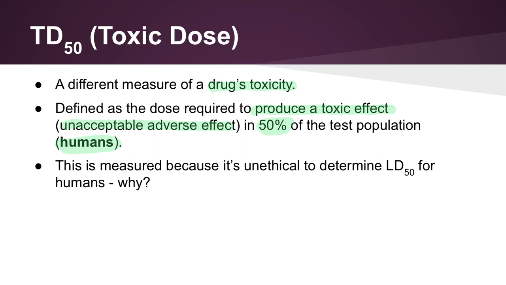It's really unethical to determine an LD50 for humans because we wouldn't want to kill off 50% of our human population. But it is more ethical to give 50% of our test population an undesirable side effect or an adverse effect versus giving them a lethal effect. So this is measured early on in clinical studies and kind of figured out what that toxic dose is for humans.